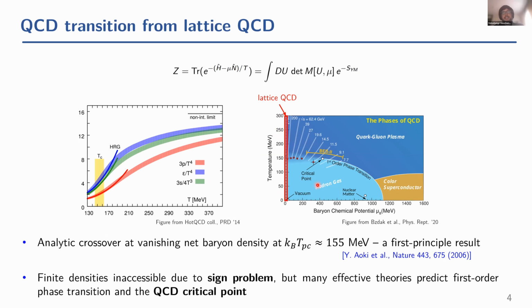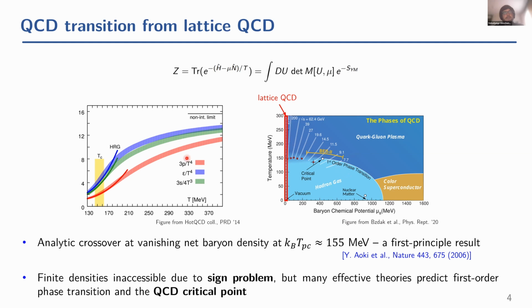At finite baryochemical potential, QCD suffers from the so-called sign problem, which basically means that this Monte Carlo sampling, or solving this functional integral of QCD, does not work at finite baryon density, because a quantity which we would interpret as a probability distribution becomes a complex valued function at finite baryochemical potential. So for this reason, this method does not work there. But at zero baryochemical potential, this method is free of this issue.